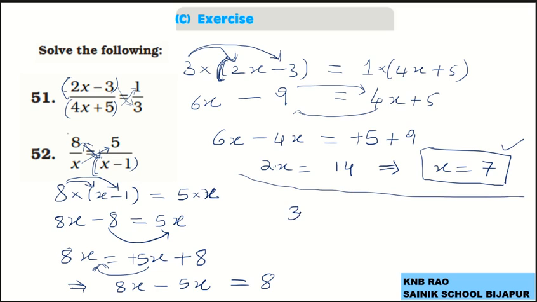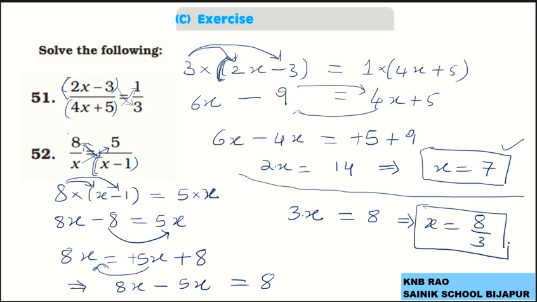So 8x minus 5x is 3x, equals to 8, and implies x equals to 8 upon 3, because 3 is multiplying here. If it comes to the right hand side, it becomes divisor. So 8 divided by 3 or 8 upon 3 is the solution of this equation.